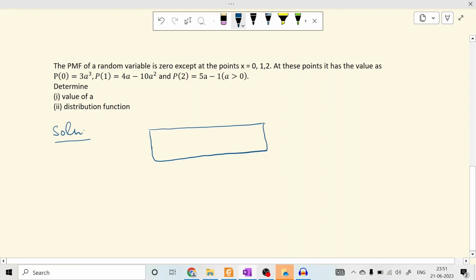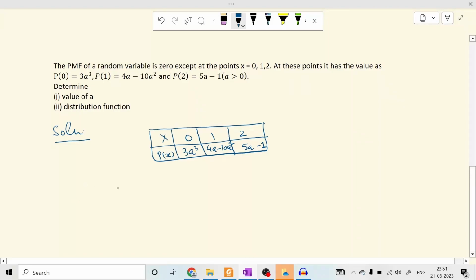Here we are given the values of x, which are 0, 1 and 2, and also the probabilities: 3a cube, 4a minus 10a square, and 5a minus 1 for x equals 2.